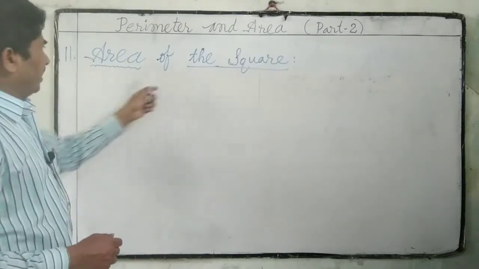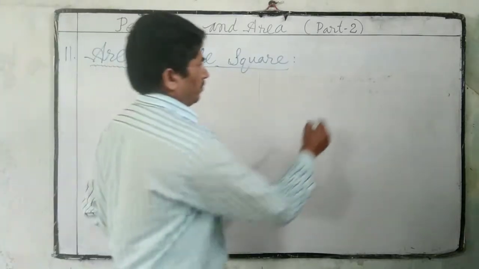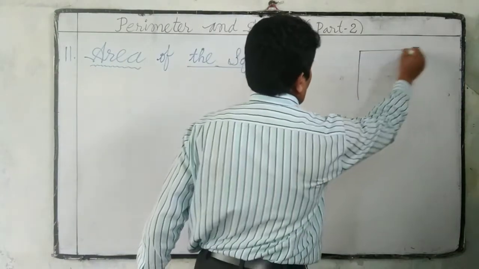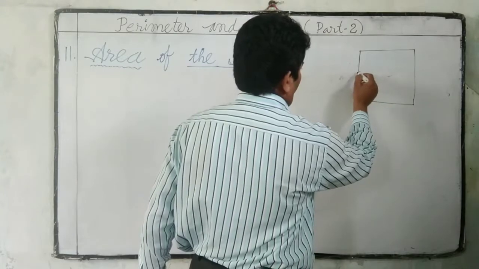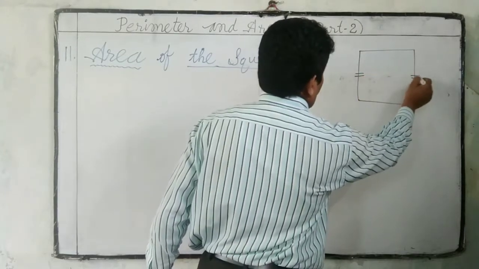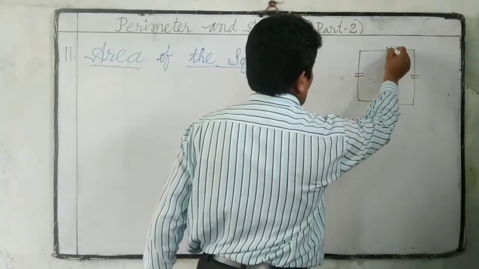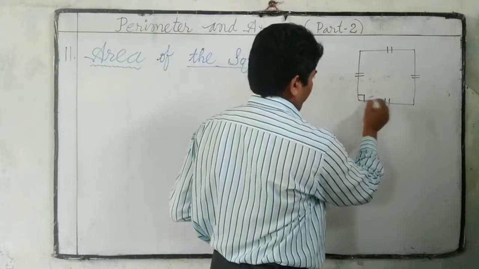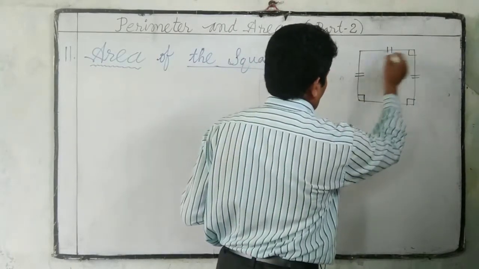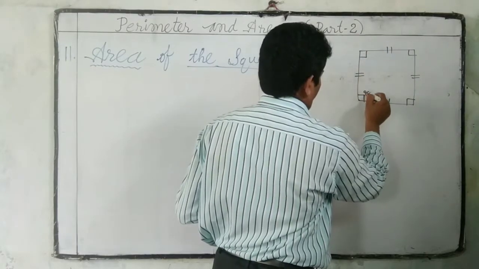Next, area of the square. This is a square. All sides are equal and all angles are also equal, that is 90 degrees.